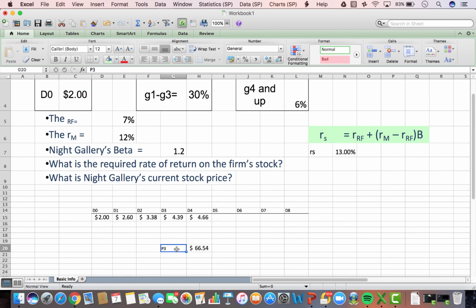So I have P3. What else is an investor going to get? An investor is going to get this dividend 3, this dividend 2, and this dividend 1. I'm going to put those green, and I'm going to put this number here green.